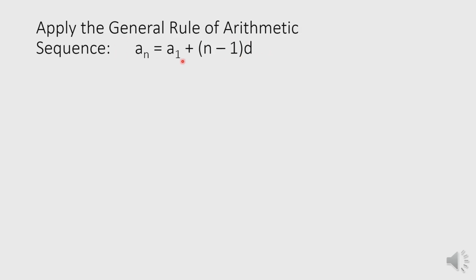I already discussed the general rule, or formula, of an arithmetic sequence, where a sub 1 is the first term of a sequence, d is the common difference, and n is the number of terms. Okay, let's start.